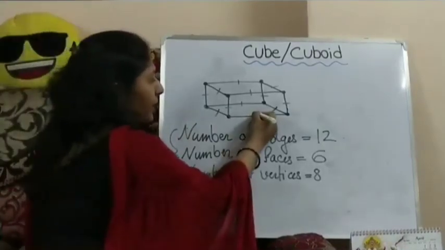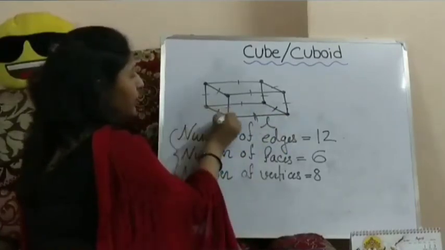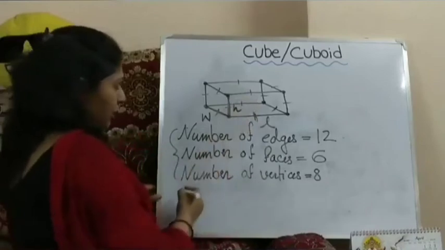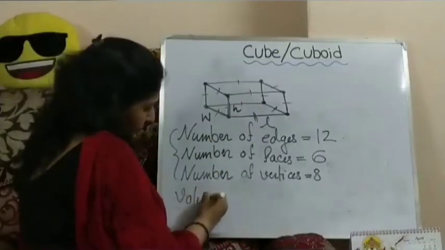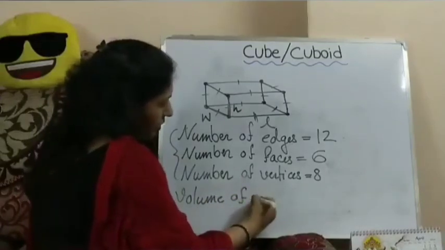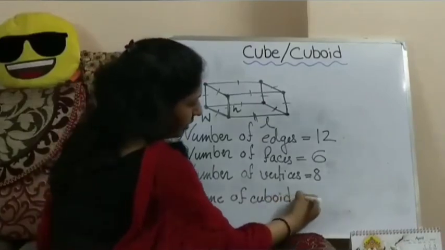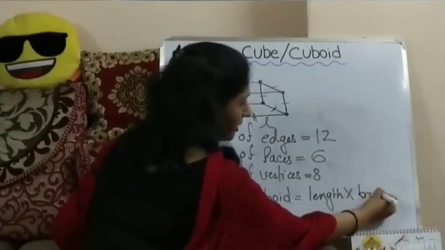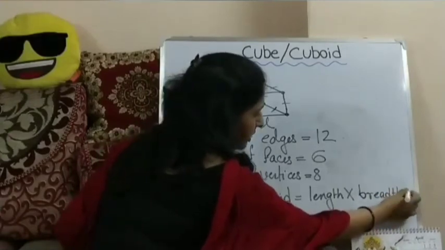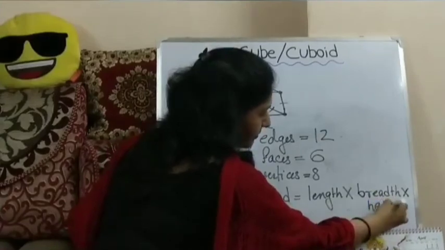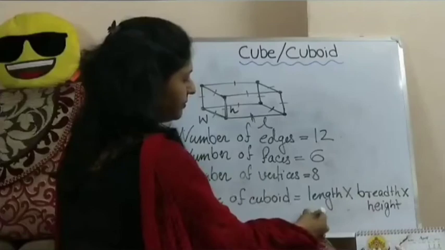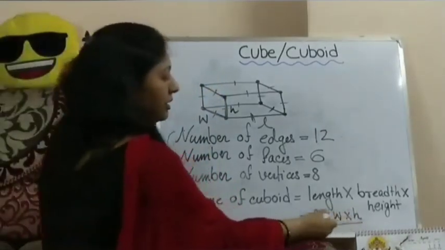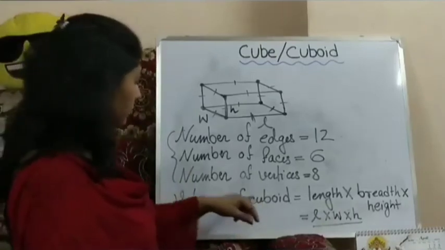So here length means L, breadth or width we can denote by W, and height we can denote by H. So here volume of cuboid equal to length into breadth into height, L into W into H. So this is our formula of volume of cuboid.